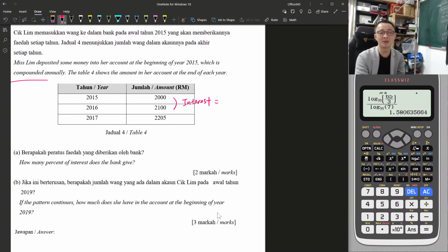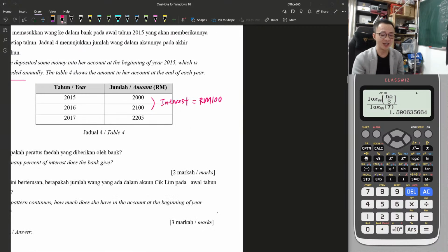We can use 2100 minus 2000, we know the interest is 100. Since the interest is 100, I want to find the interest rate. I can use the interest divided by my original amount, times 100%. It's not hard to guess this is just 5%. Right, this is method number one.